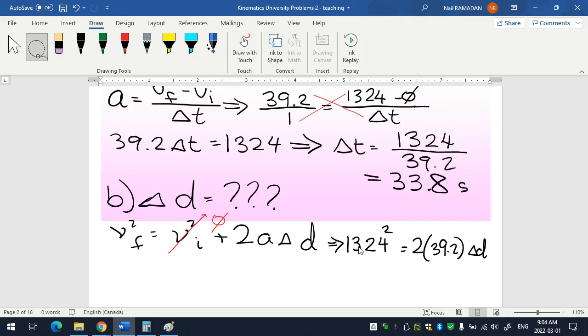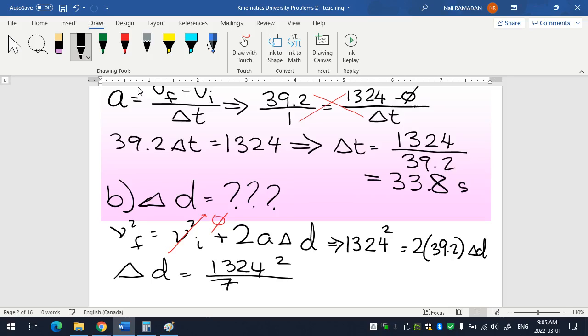There we go. Okay. So delta D would be what? That huge square divided by double 39.2. So delta D equals 1324 squared all over 39.2, 78.4.